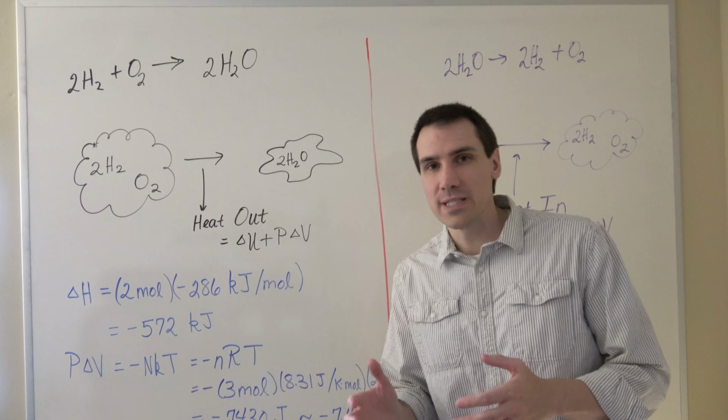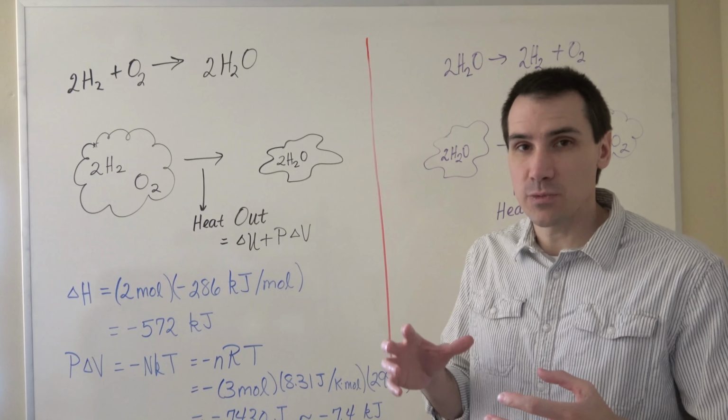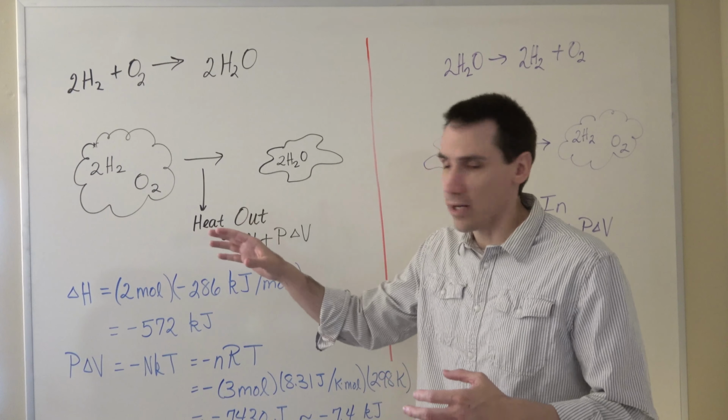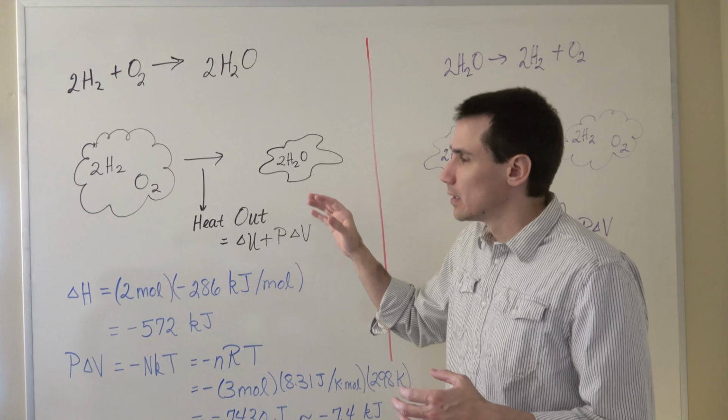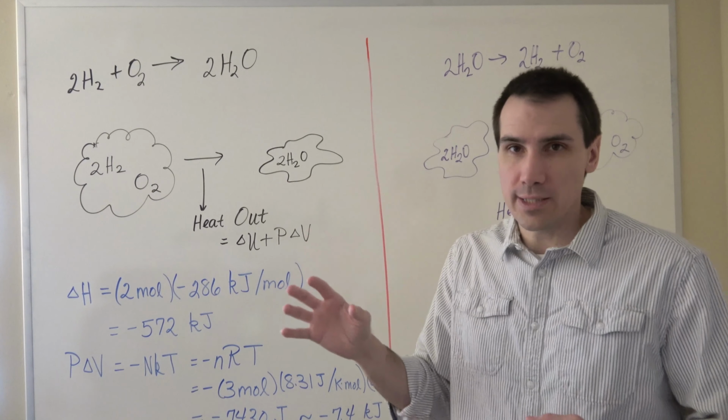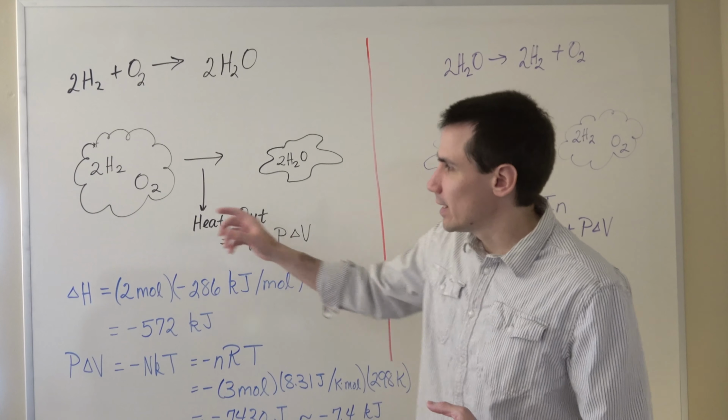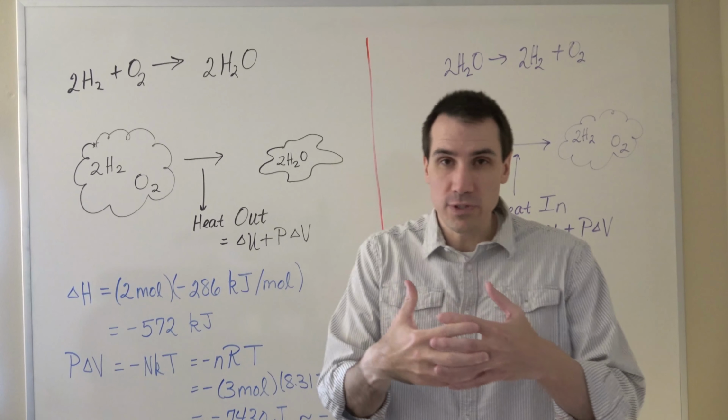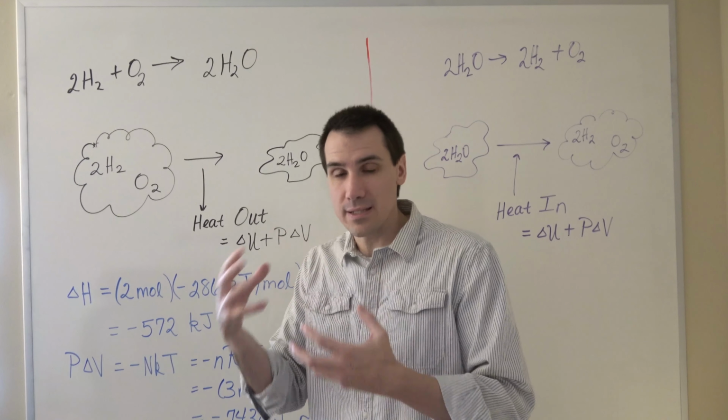Now let's think more physically about what is actually happening as we combine the hydrogen and oxygen to make water. There are two processes happening here. One is that the hydrogen and oxygen are fusing together, and when they do, they release some amount of heat.